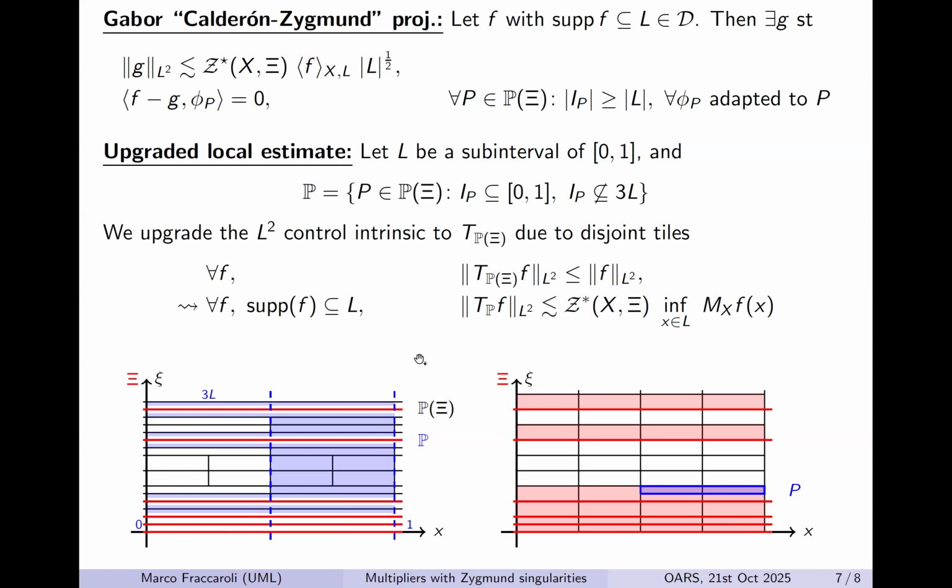On compact intervals, the space X is going to contain L2, but it's going to be contained in L1. So it's going to be something in between.